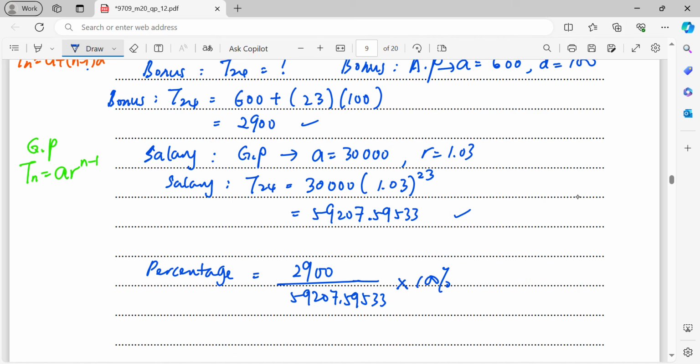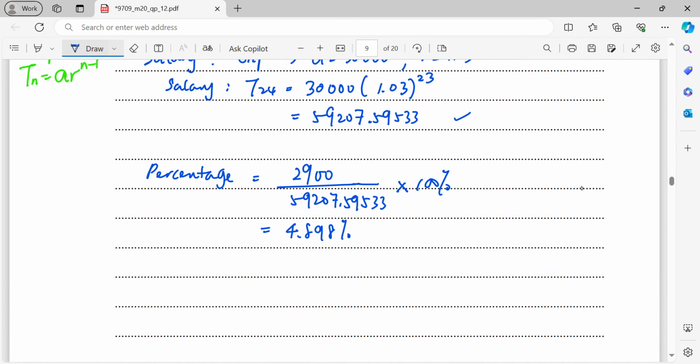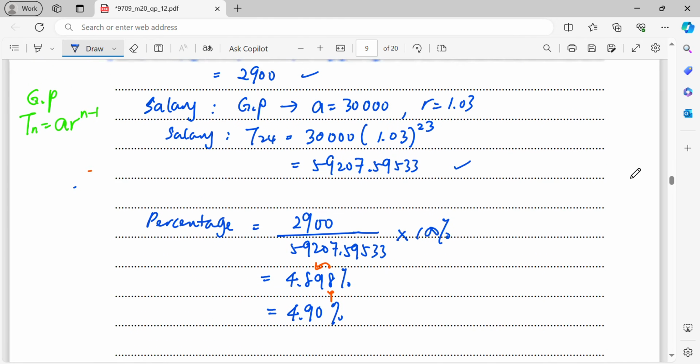Then from here you will be getting 4.898%. And now we always leave our answer correct to 3 significant figures. So this is the fourth one, so you round up. Once you round up, instead of 89, you add 1, now it becomes 90. So 4.90%. That is the working for this question.